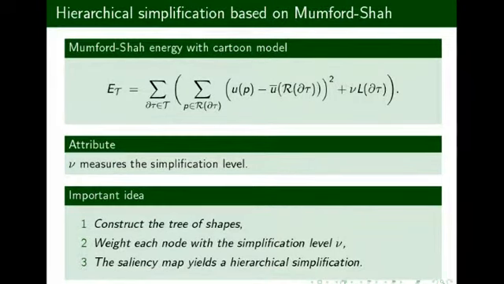And actually what you want to do is reverse the equation, extract nu, so you can build the tree of shapes, weight each node with nu that you can compute by reversing the equation, and compute a saliency map, which provides you a hierarchical simplification. This is very fast, and this provides very good results actually.